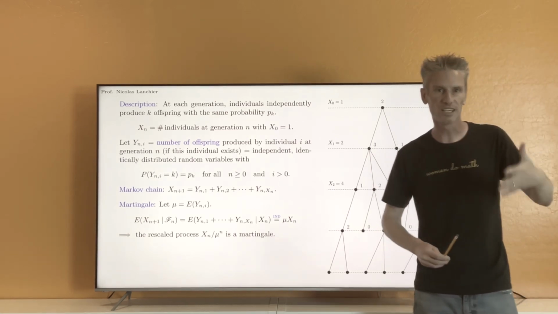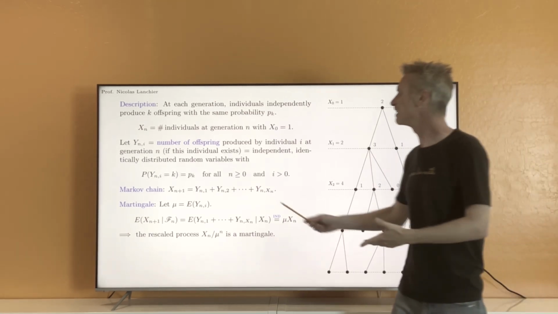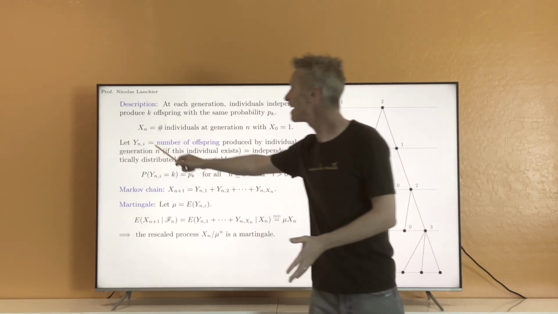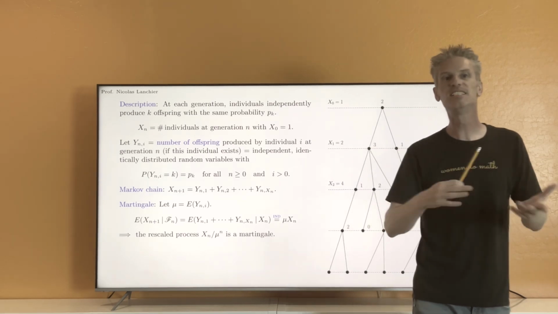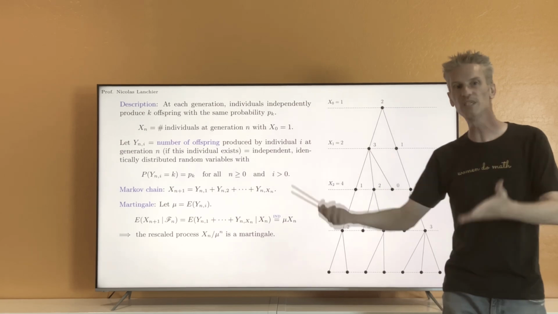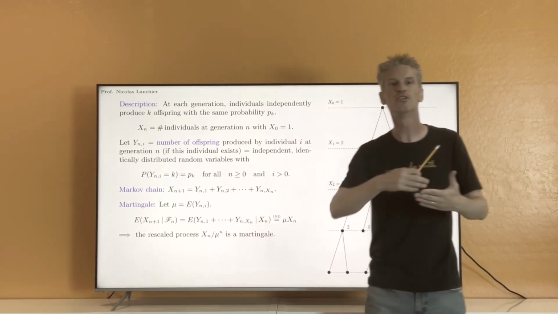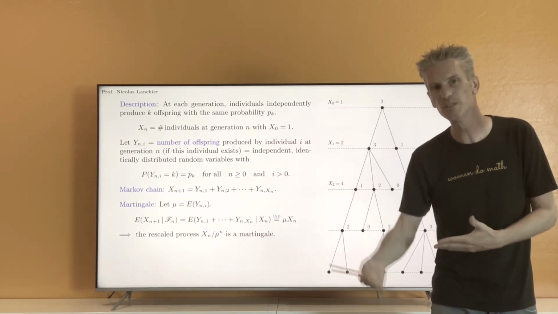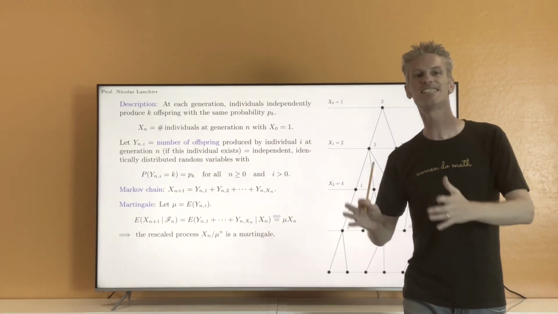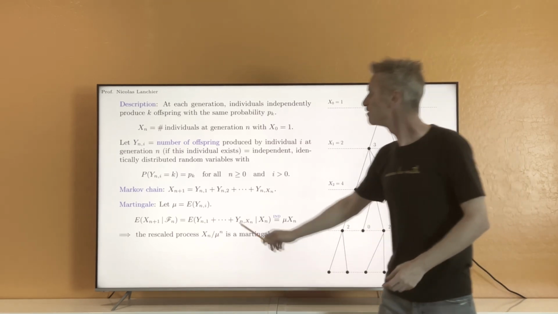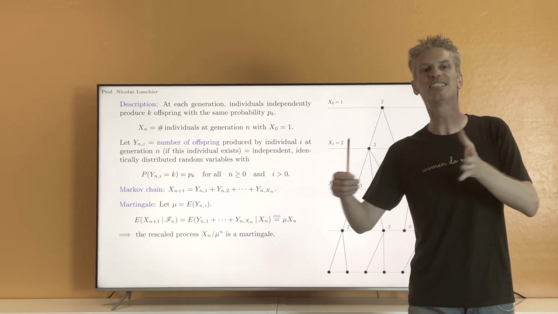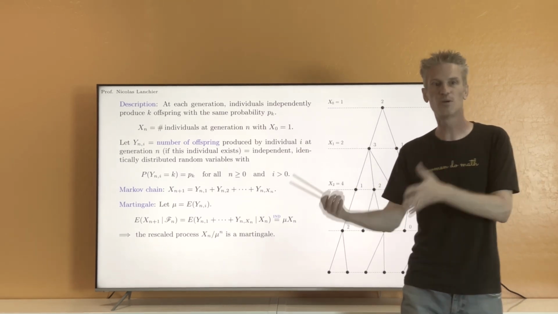This is not really surprising. I told you that the different types of behavior that the process Xn can display depend on this offspring distribution. Now what we learn is that the limiting behavior of the process is going to depend on this offspring distribution, but only through its expected value. Because the expected value of Yi is the expected number of offspring per individual.